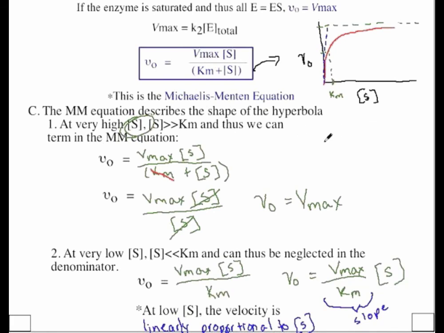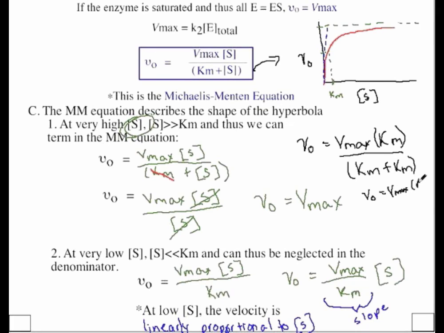So if we plug in that initial velocity equals Vmax times Km divided by Km plus Km, we get initial velocity equals Vmax times Km divided by 2 Km. Oh, spec that. Km's cancel.